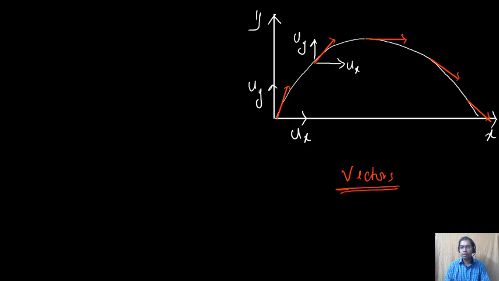Now if you look at the third one, it is no longer moving up. So it does not have a vertical component of velocity, rather it has only a horizontal component of velocity, which I'll simply write as ux, because the body is moving forward. Now on the other leg of the journey, it's still moving in the forward direction.